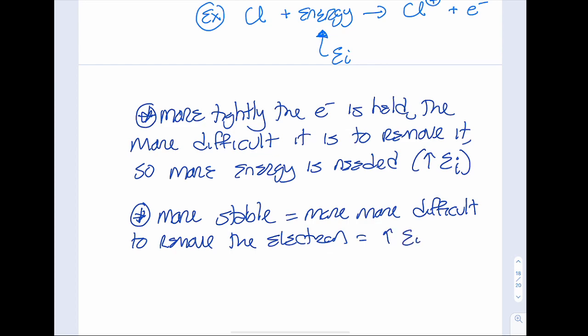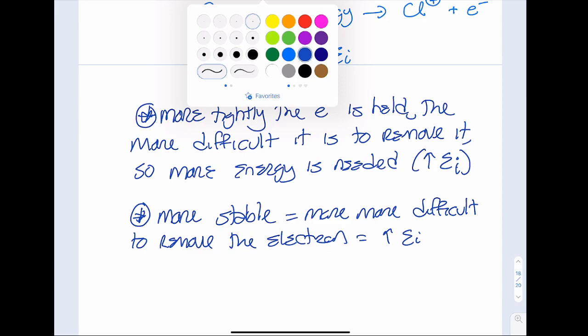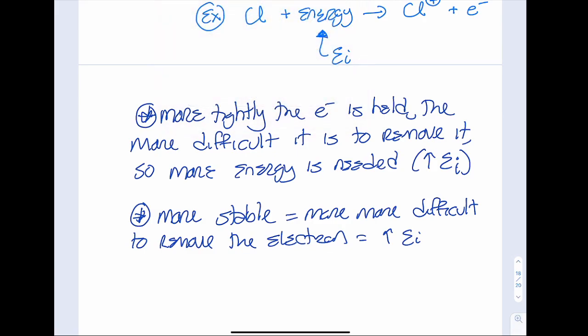Again, higher ionization energy. There is a trend on the periodic table. There's a couple trends. The one going down, we can do that one. Going across the periodic table, there are so many exceptions that I don't even really want to consider it as a trend, again just because there are so many exceptions.